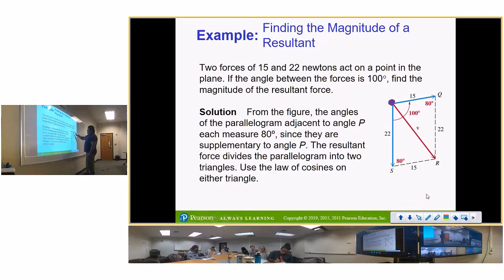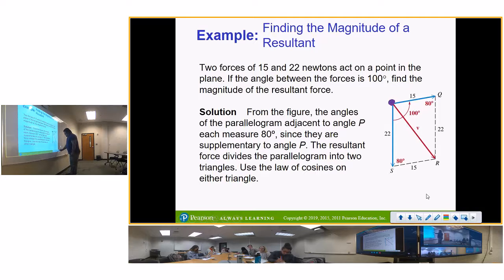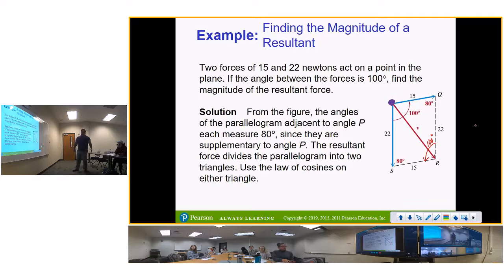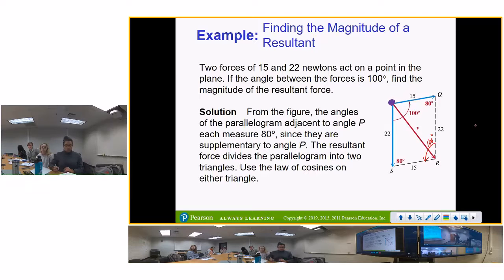Now why? Because this is 100, therefore this is what? That's 100, Hubert. That's right, class. And what's 100 plus 100? 200. And what's in a quadrilateral? 360. So you know you've got 80 here and 80 here. That's how they're getting that.